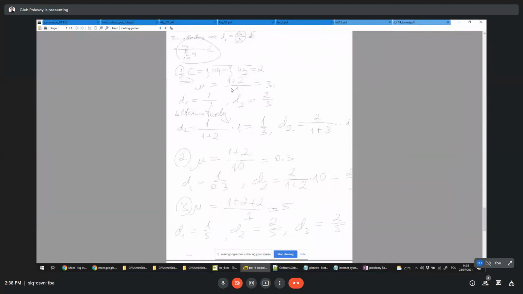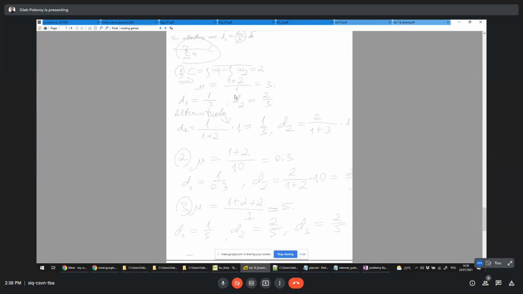In the solution of part 2, we calculate the price, and then we start calculating the allocations. Now, the allocation to the second player is what she gives, which is 2, divided by the sum of allocations, which is 1 plus 2.